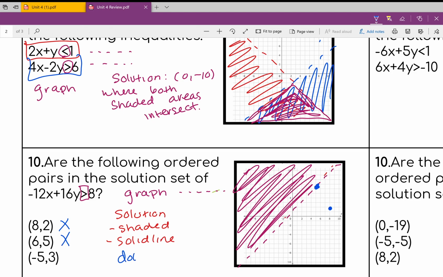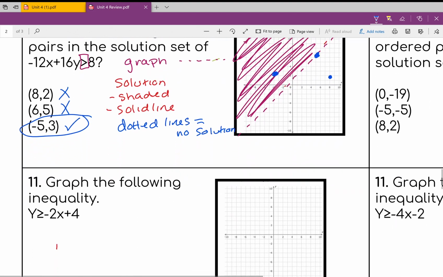So dotted lines equal no solution. Lastly, we have -5, 3, which is up here somewhere, which is a solution. So this would be our answer, -5, 3. So that's how it's going to look on the test. They're going to give you a bunch of points, and you have to determine if they're in the solution or not in the solution. Okay, last one.